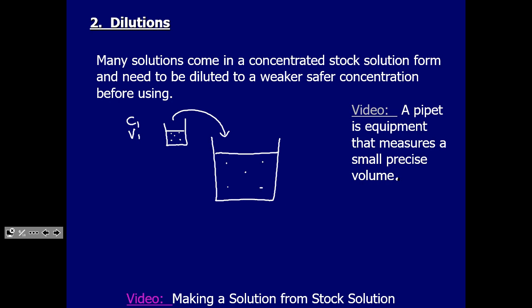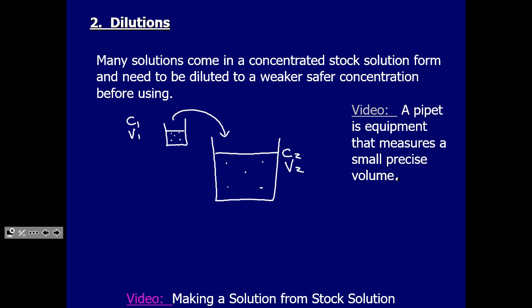The volume is bigger. There's less particles per liter. They're spread out. For the purposes of my calculation, we'll say that this is C2, the concentration after I dilute it. And we will say that it is now at V2, the volume after.